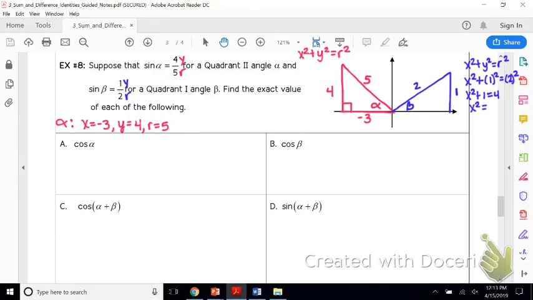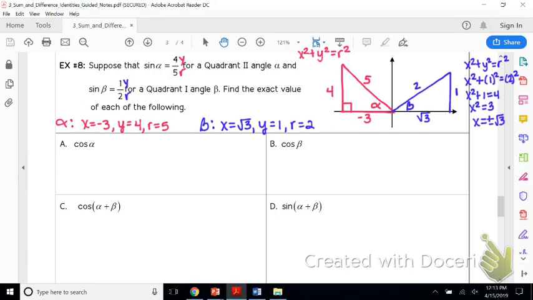Subtract the 1, so x squared equals 3. Take the square root, and we get plus or minus the square root of 3. So which one are we going to use? Because it's a positive x. Because it's positive. Good. And so we know for beta that x is equal to the square root of 3, y equals 1, and r equals 2.